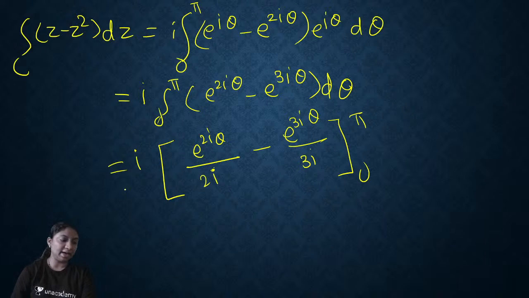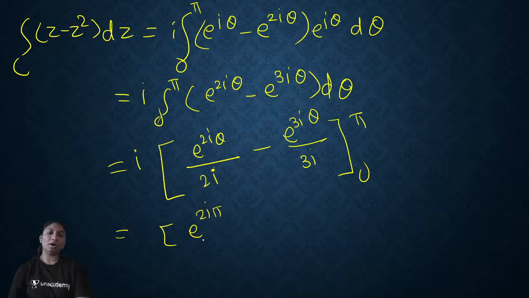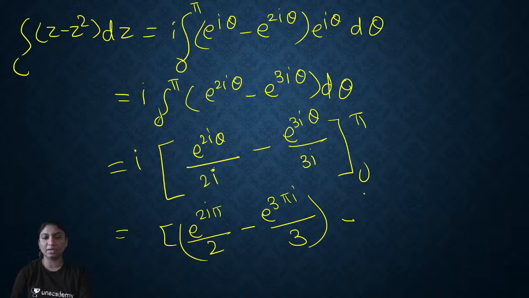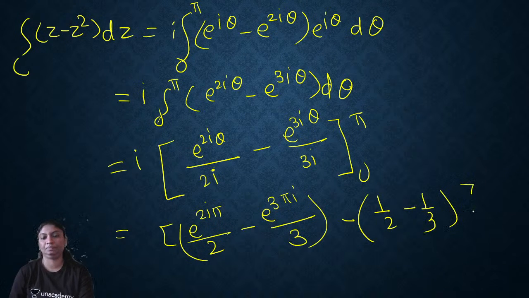Now if I take i common, the i cancels out, so you will get e raised to 2 pi i upon 2 minus e raised to 3 pi i upon 3, minus, here you will get e raised to 0 is 1, so 1 by 2 minus 1 by 3.